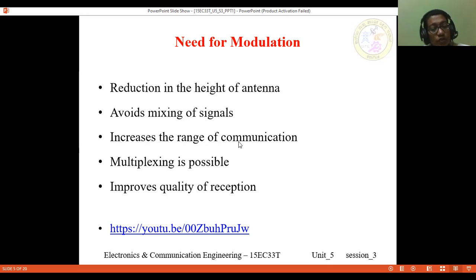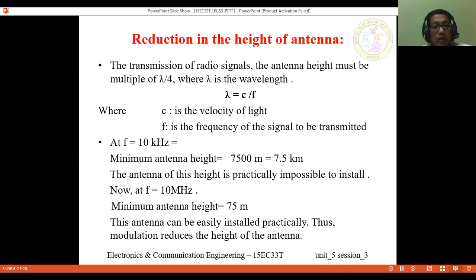It increases the range of communication, so we can go for long distance communication, and multiplexing is possible. We can multiplex signals using different carrier frequencies so that we can transmit in a single channel. It also improves the quality of reception, since we are superimposing on a higher frequency signal. Now, how does it reduce the height of the antenna? We can discuss this.